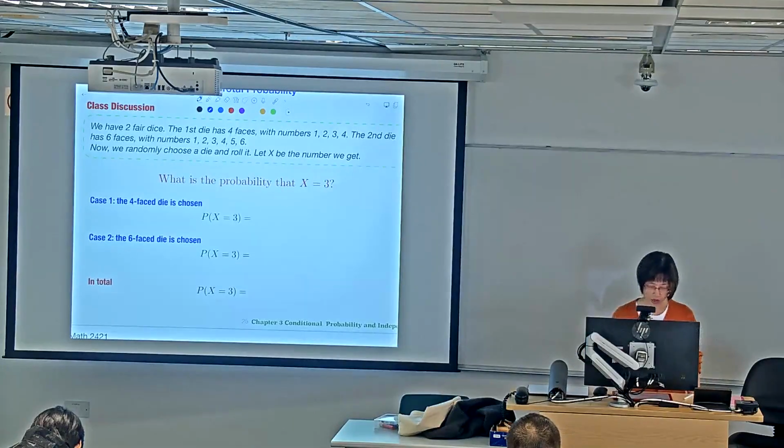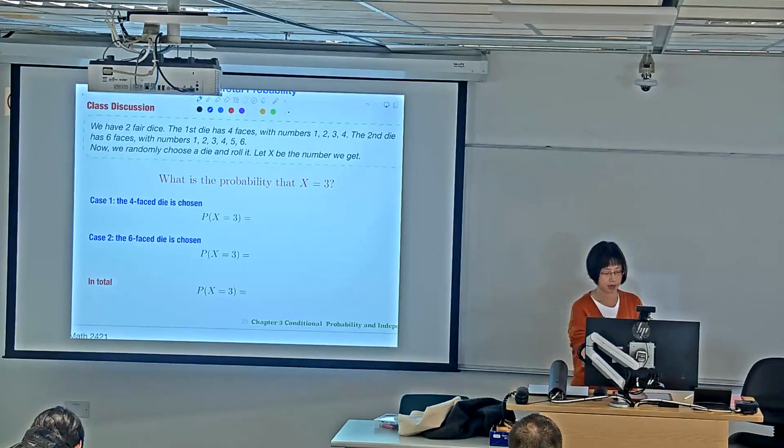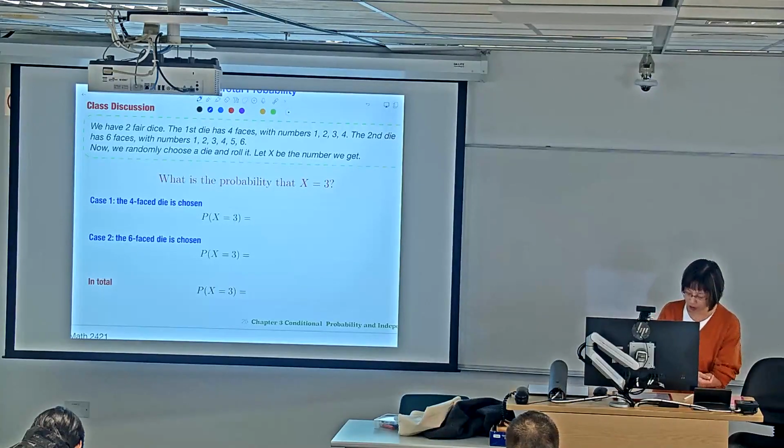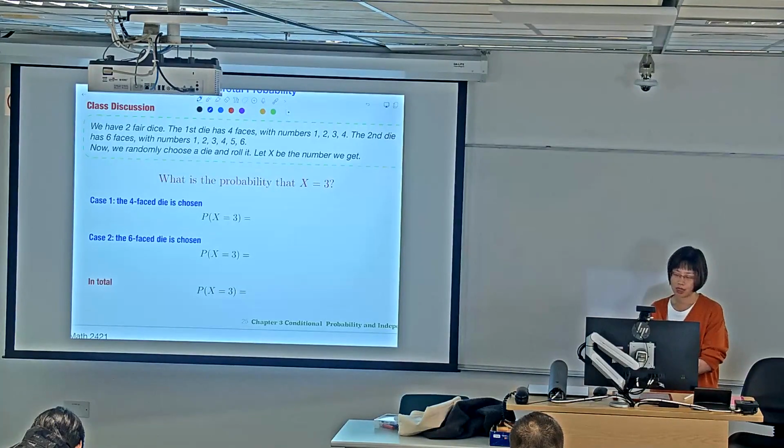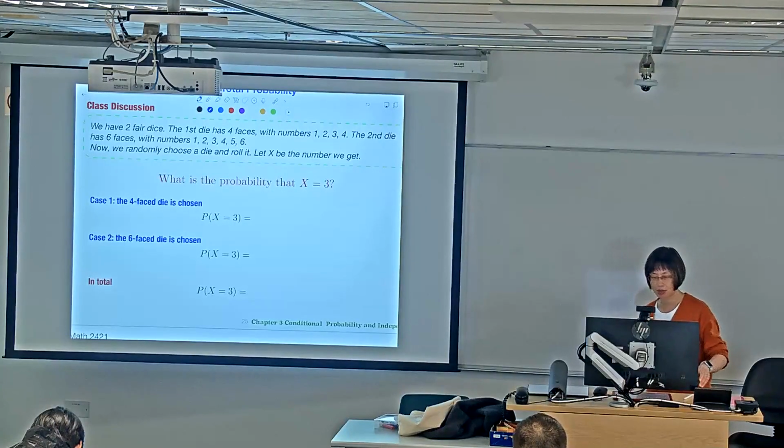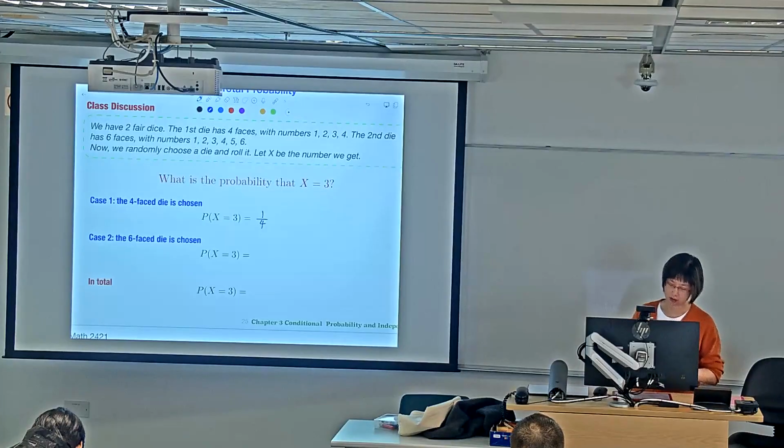And we can consider 2 cases and compute the probability of this event easily. The first case is the 4-face die is chosen. Then given this has occurred, the probability of x equals 3, this number being observed, is 1 over 4 because it's a fair die.